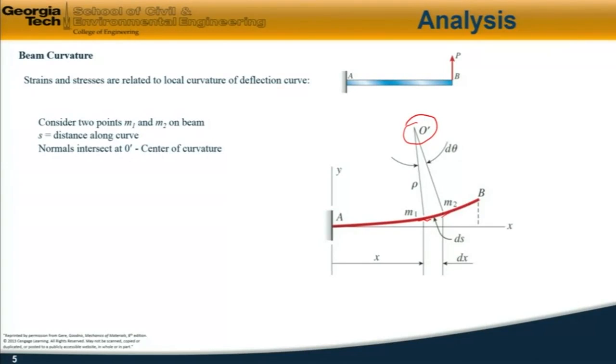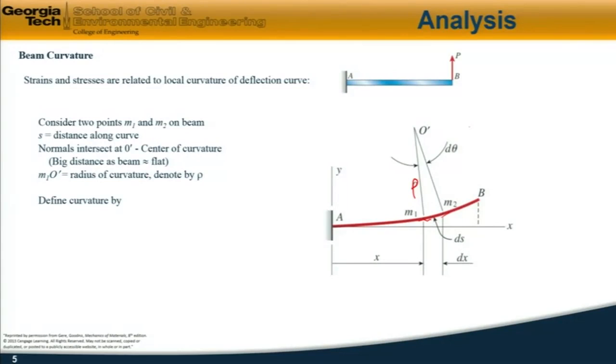So O prime is the center of curvature of the arc from M1 to M2. And of course this distance from M1 to O prime will generally be a very big distance because the beam is hopefully at least fairly flat and not very curved. The distance M1 O prime is the radius of curvature, which we denote by rho.